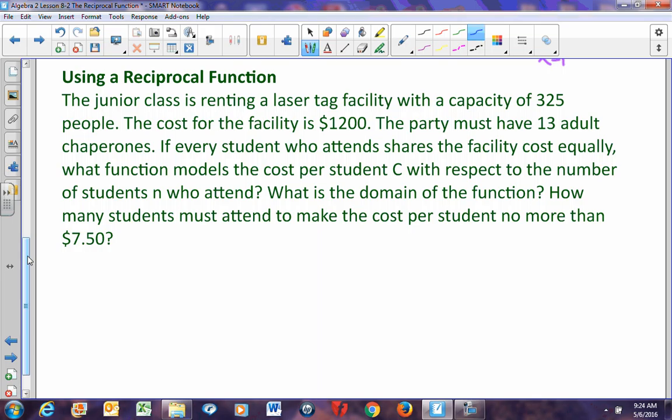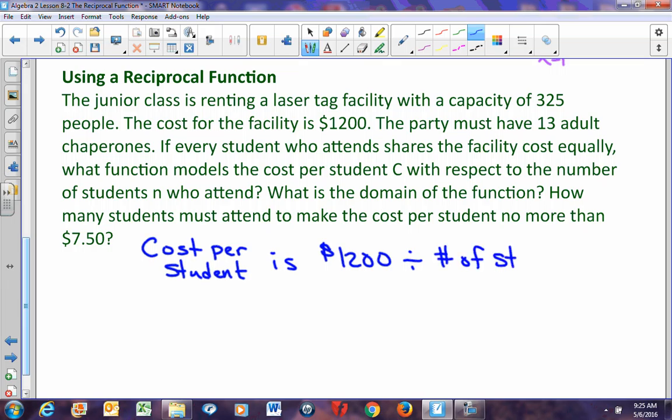Okay, first of all, we know, or we should know, that the cost per student is going to be the $1,200 divided by the number of students. And notice that's not chaperones, just number of students. And the number of students who attend, okay, the greatest number of students who can attend can be the capacity minus the chaperones.